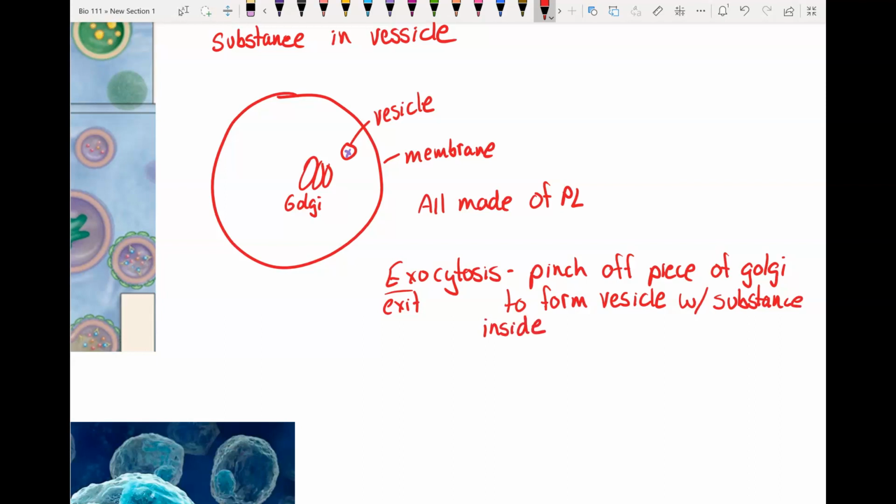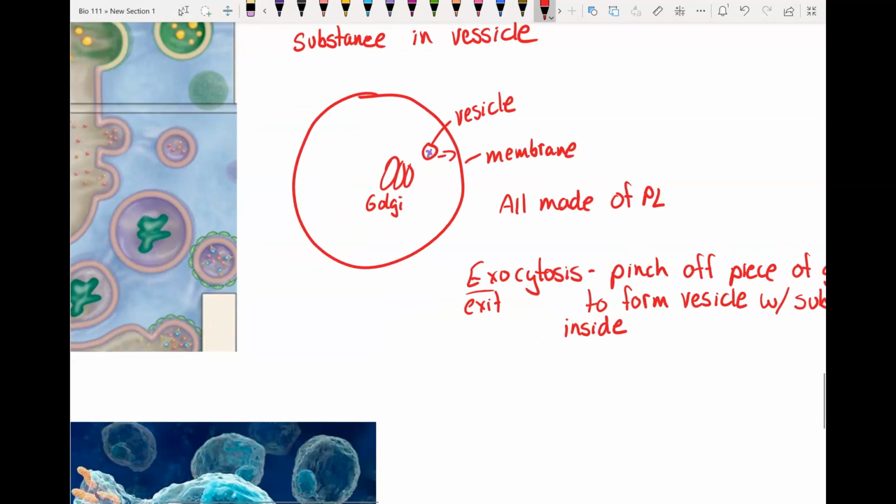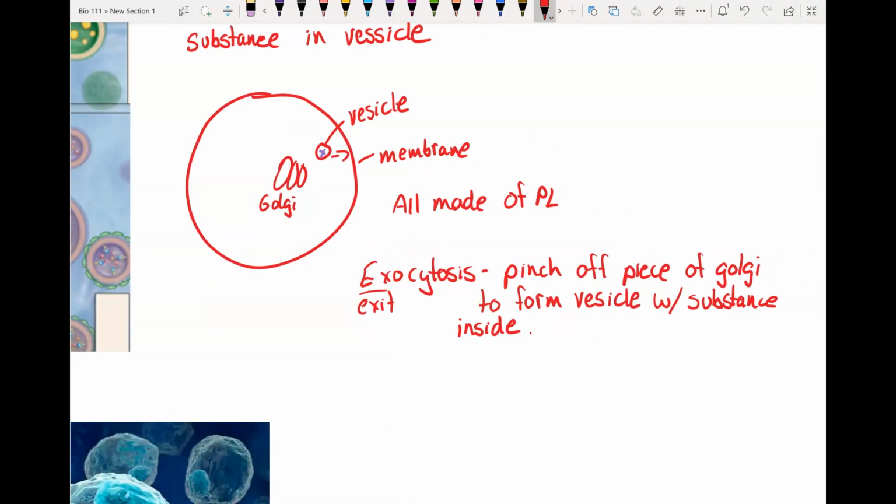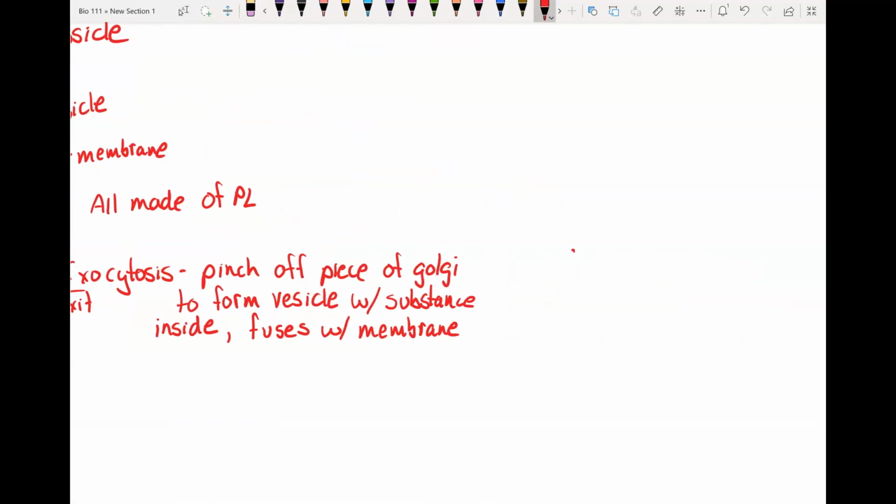It then moves to the membrane, and because the vesicle is made of phospholipid and the membrane is made of phospholipid, they simply fuse together. And now your substance is outside the cell. We can also do endocytosis.